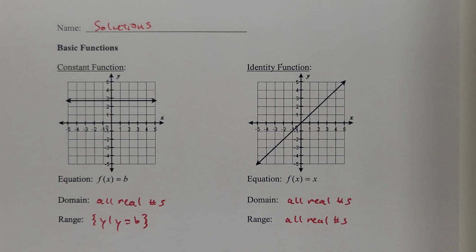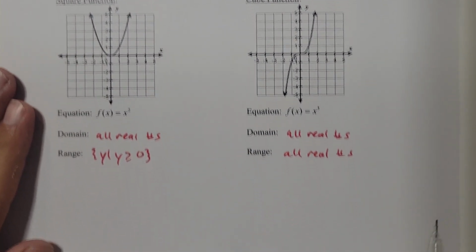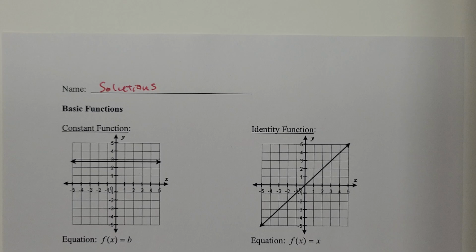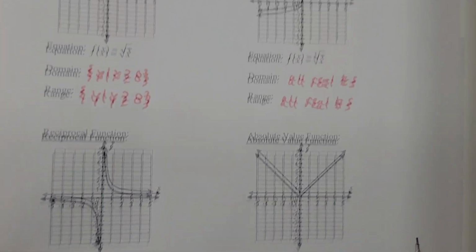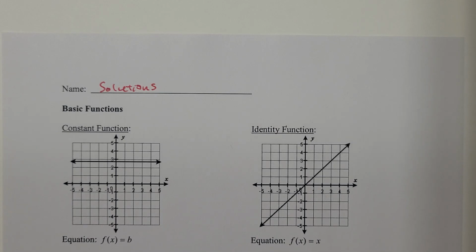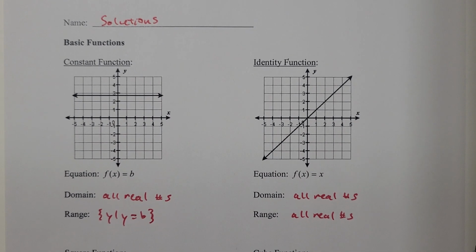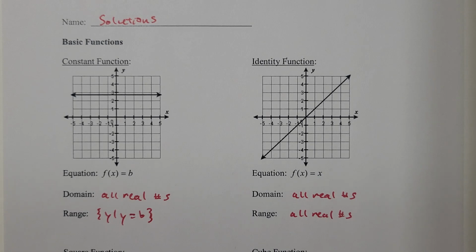Now, on this worksheet I have 8 functions, and here's the next page. All I want us to do is identify the domain and the range of each graph, okay?